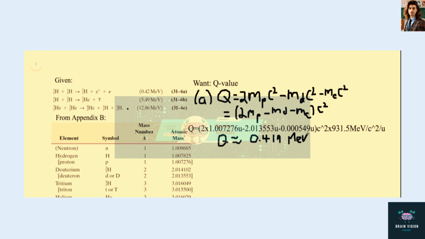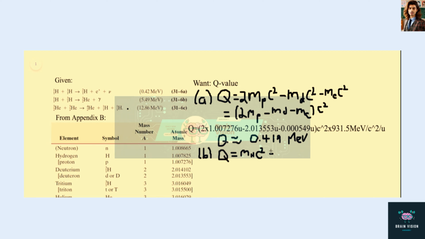Now for B, we proceed in a similar way. We'll rewrite our expression for Q by subtracting the items on the right side of the arrow from those on the left side. Now, you'll notice that this time I'm marking M sub H for hydrogen, and I will explain that in just a moment.